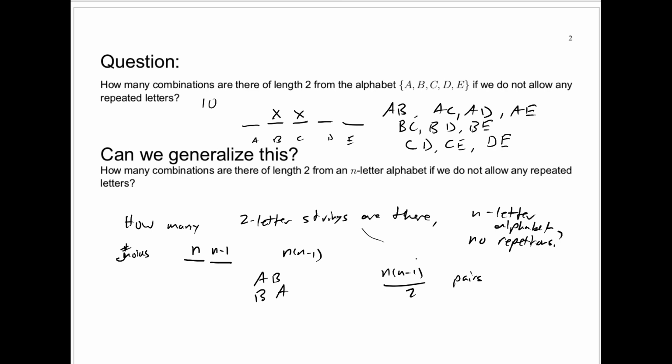Each of those pairs will represent a single combination if we now ignore the order. So this is the number of combinations. Remember, that's 2-letter combinations from an n-letter alphabet with no repetitions allowed.